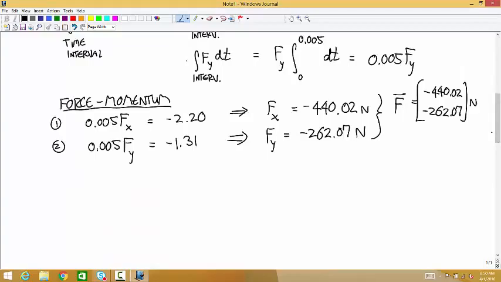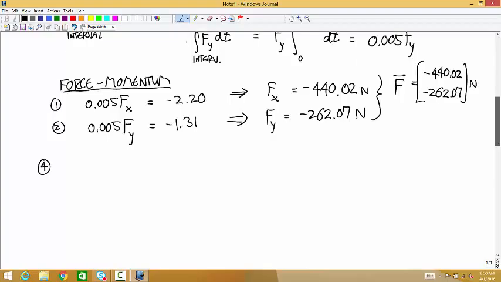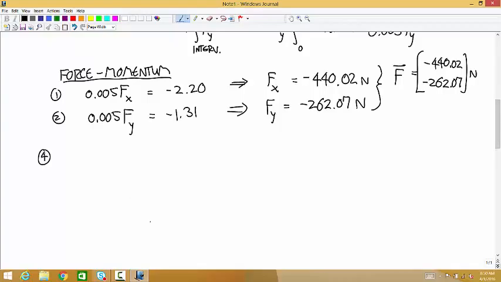So for this one, we have a 10 kilogram mass that bounces on the floor. It comes in like this and leaves like this.